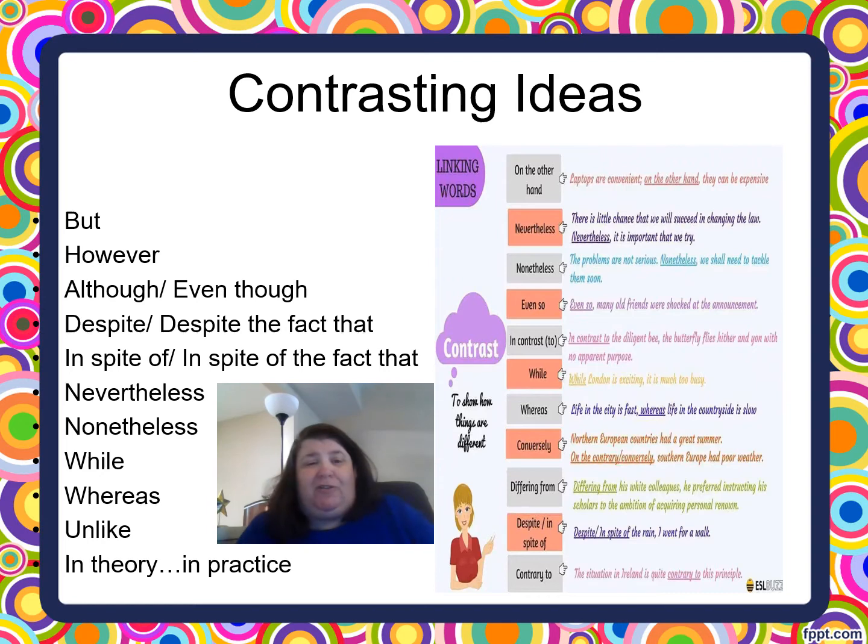These are just some contrast words. When you're trying to show contrast, these are words that you would use. And on the side of your screen, you see another graphic. I'm not going to go through all of these sentences, but these are just some good examples if you want to look through these.